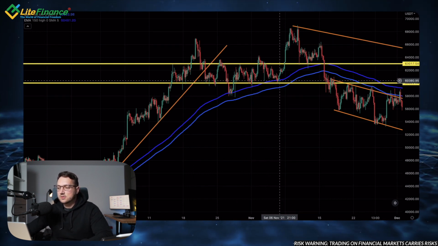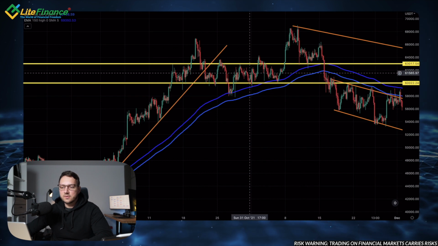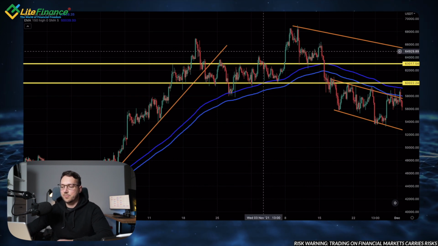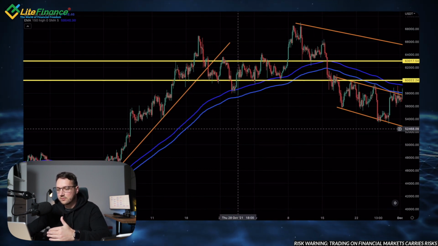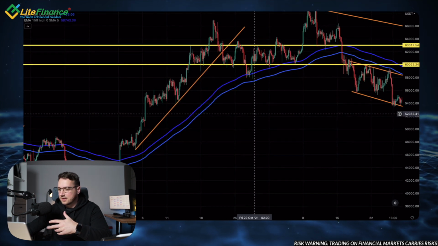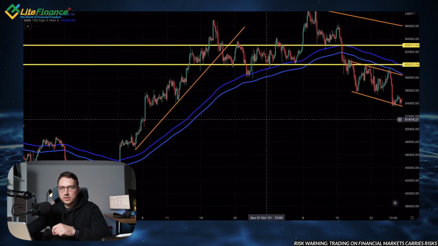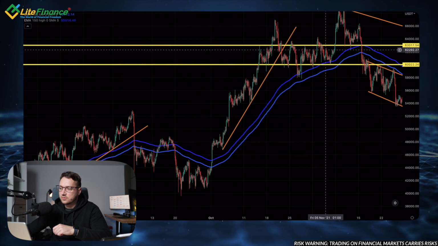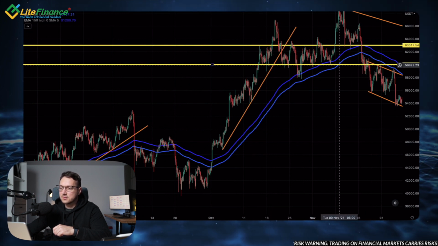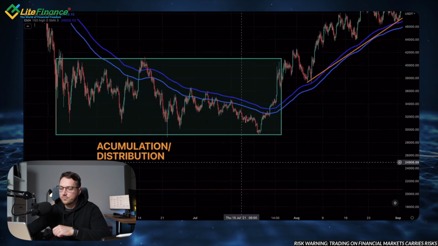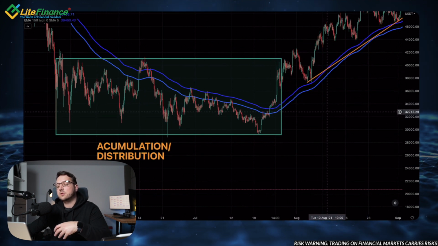Because those moments when the consolidation lasts very long, either on a higher level or a lower level, are called accumulation or distribution. If it is over here, it is the distribution. If it is down below, it is accumulation. What does it mean?